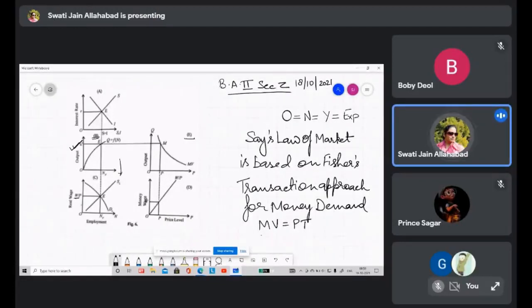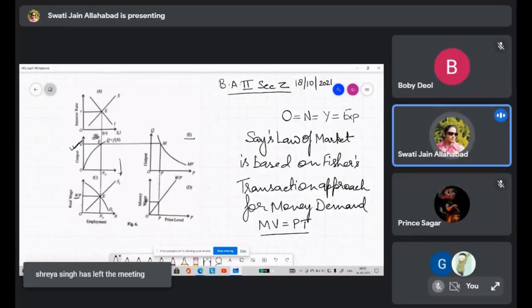Now this MV = PT is known as the transaction equation.